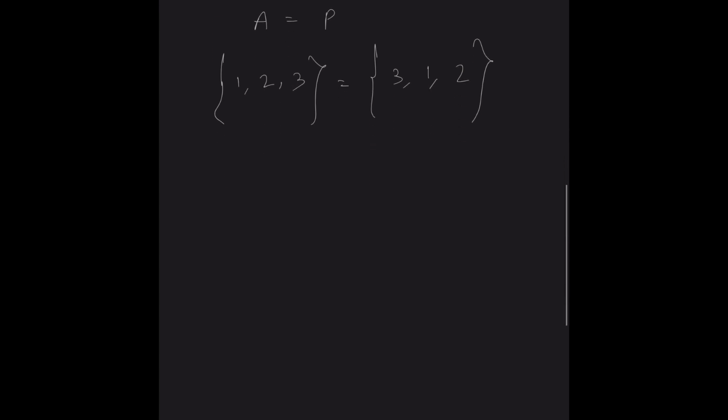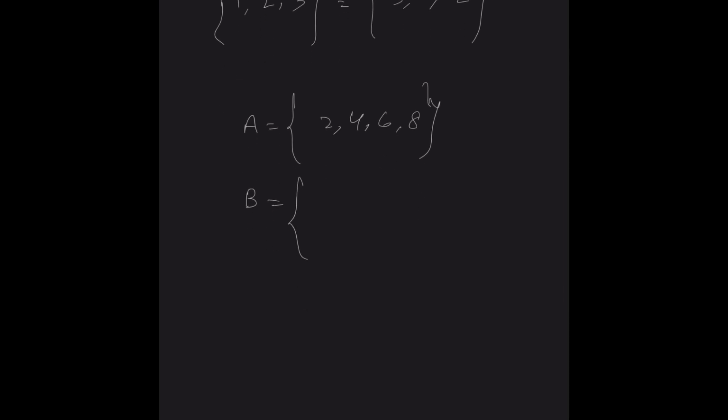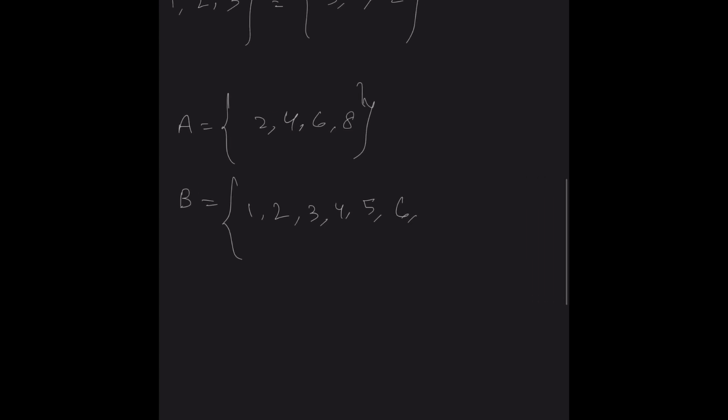There's another thing called the subset. The subset is defined like this: say A is a set that consists of 2, 4, 6, and 8, and B is another set which consists of 1, 2, 3, 4, 5, 6, 7, 8, and 9.